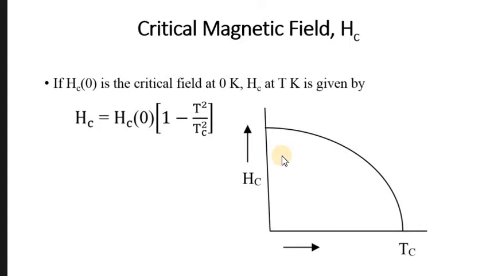As you know, temperature and magnetic field affect superconductivity, and this curve tells you how the critical magnetic field changes with temperature. Outside this curve, the material becomes normal, and inside this curve, the material is superconducting.